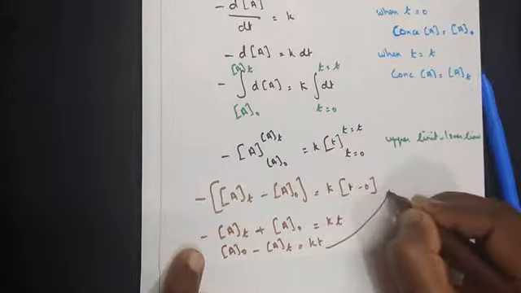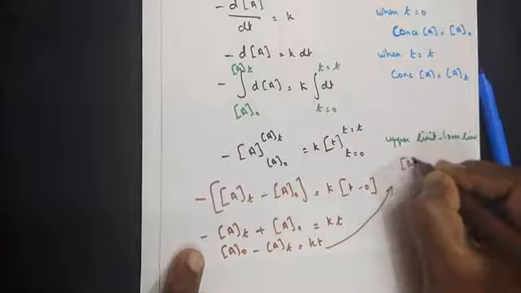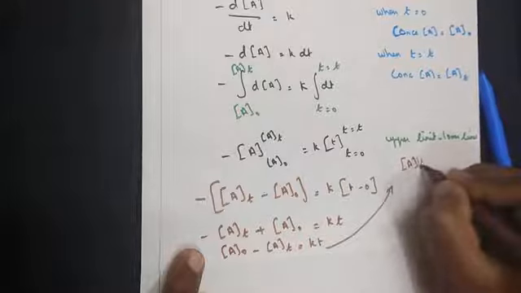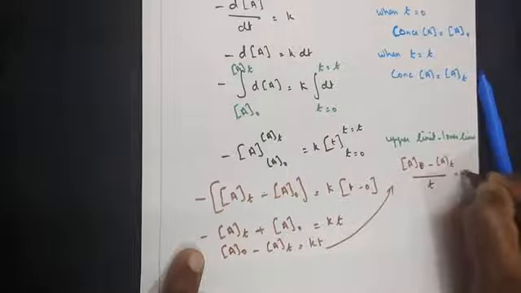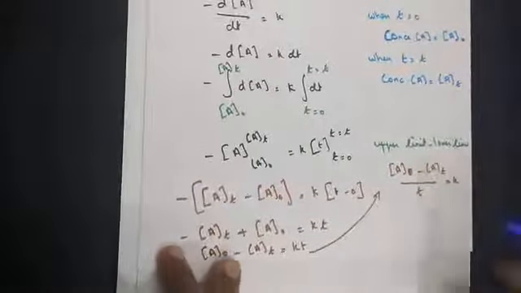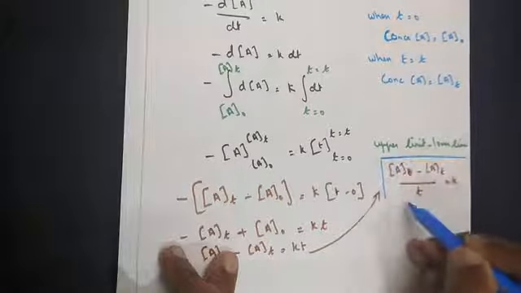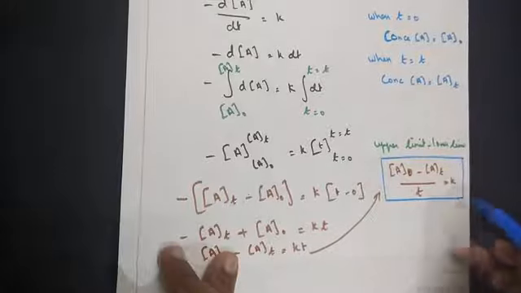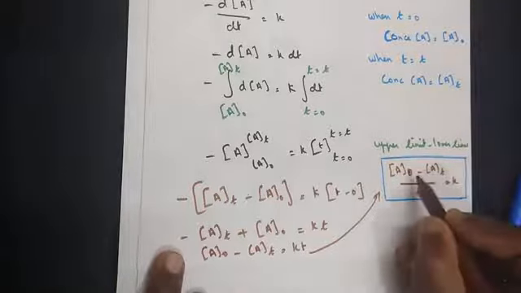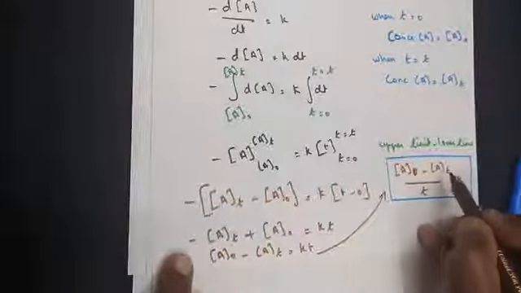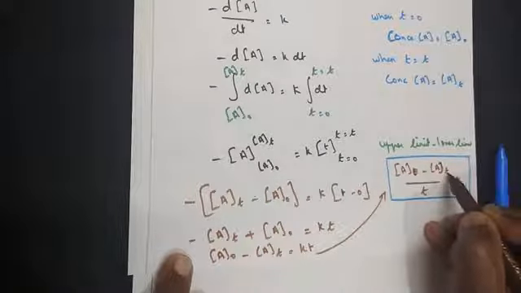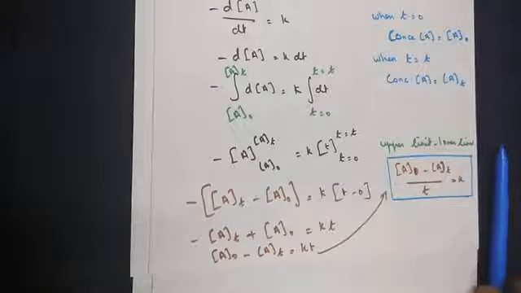The same formula can be written as A naught minus At divided by t is equal to K. So this is the formula for the rate constant for a zero order reaction. We have numericals on it which we will work on, so you'll be thorough with the concept. Instead of writing At, you can also write A here, it's one and the same.